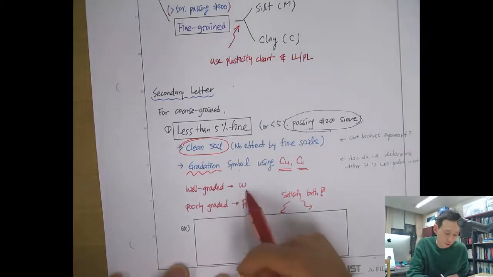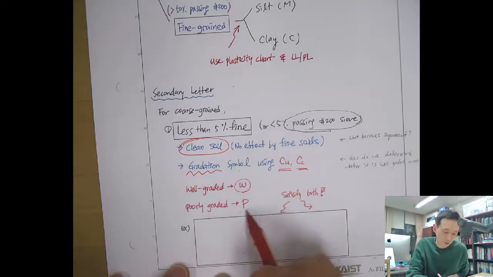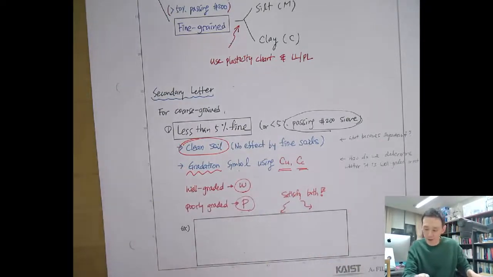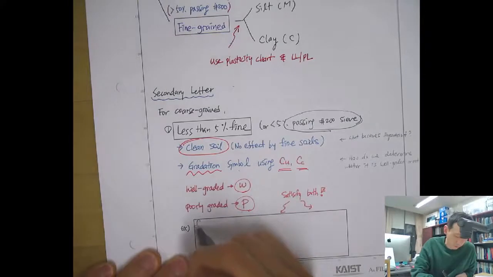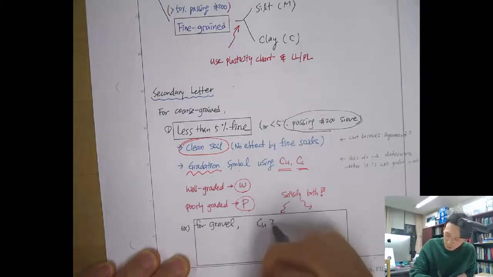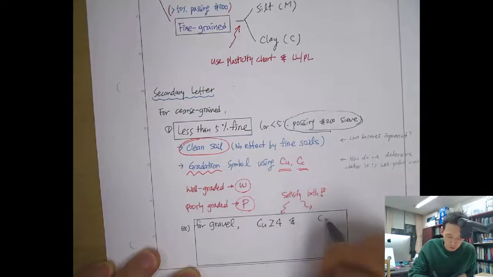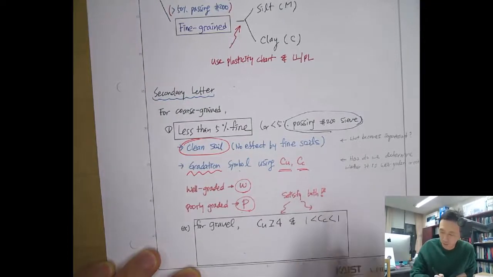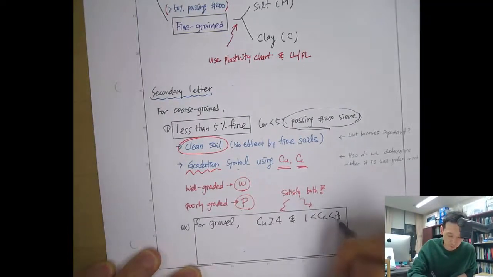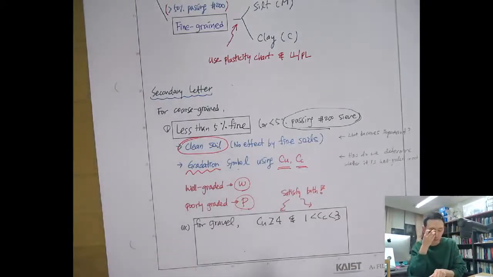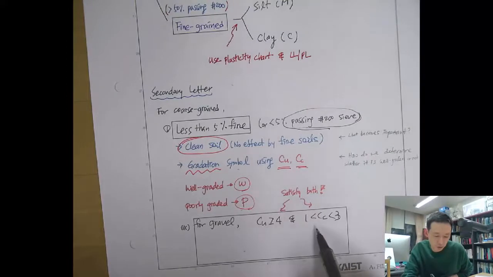Well graded is W, and poorly graded is P. So for example, for gravel, CU needs to be larger than 4 and CC should be between 1 and 3. So if that soil satisfies these two conditions, then it can be categorized as well graded.